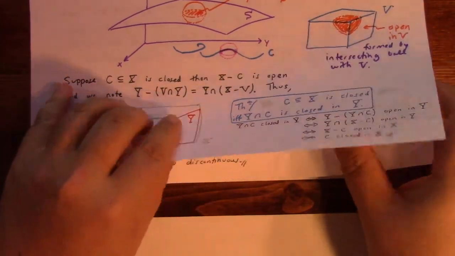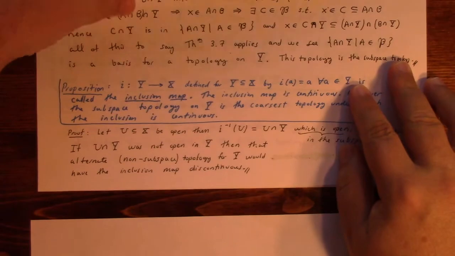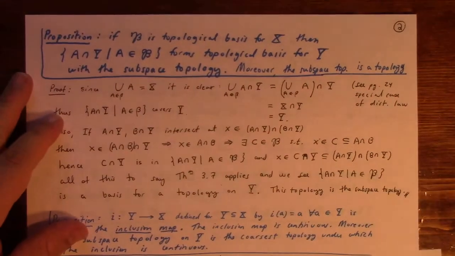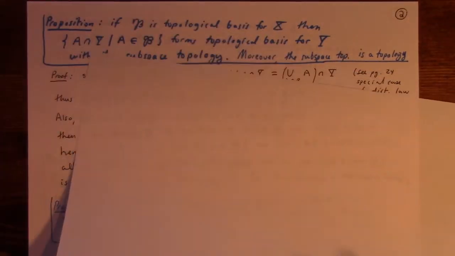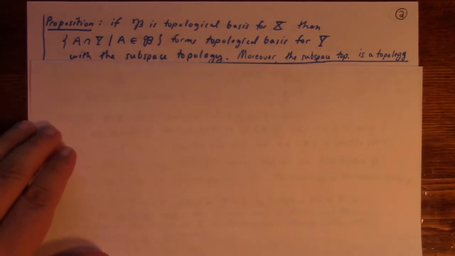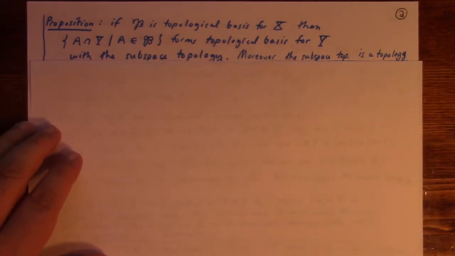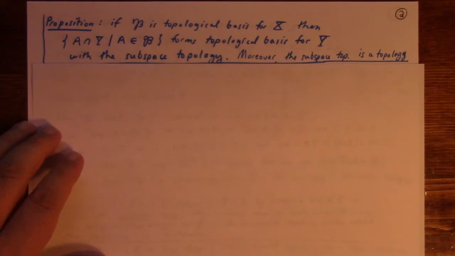So, moving along here, page number 2. If B is a topological basis for X, then if you take intersections of things in the basis with Y, for Y a subset.